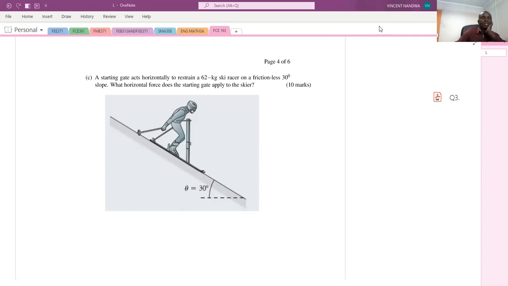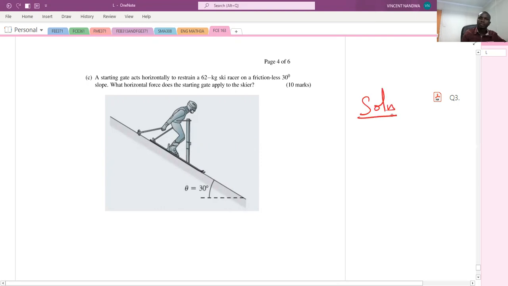Now, the objective of this problem is to ensure that this racer doesn't accelerate. So we'll say the objective, the solution, we want this skier to remain unaccelerated.